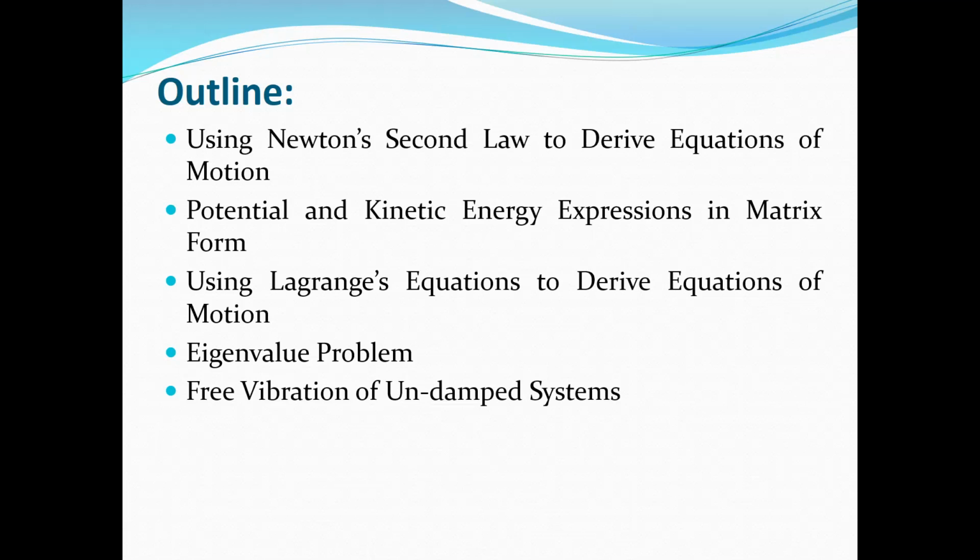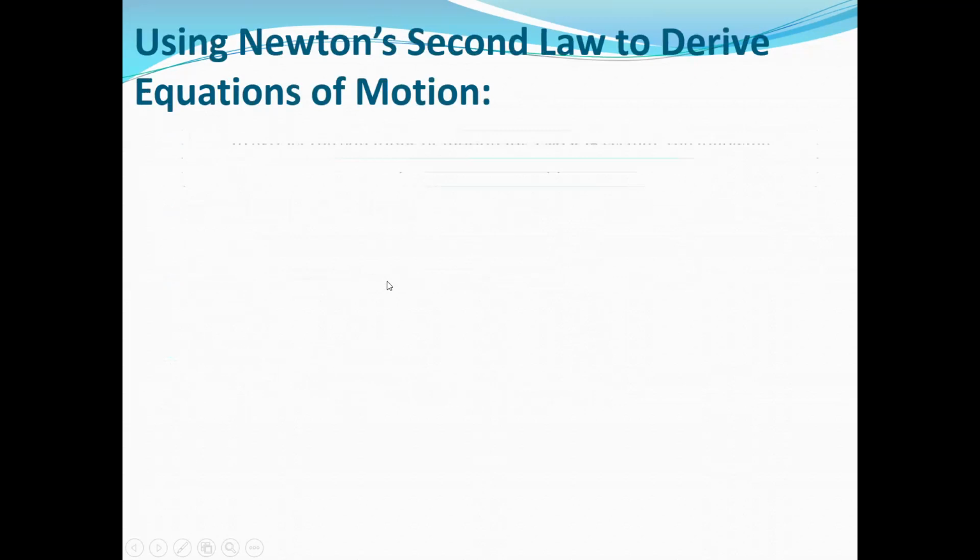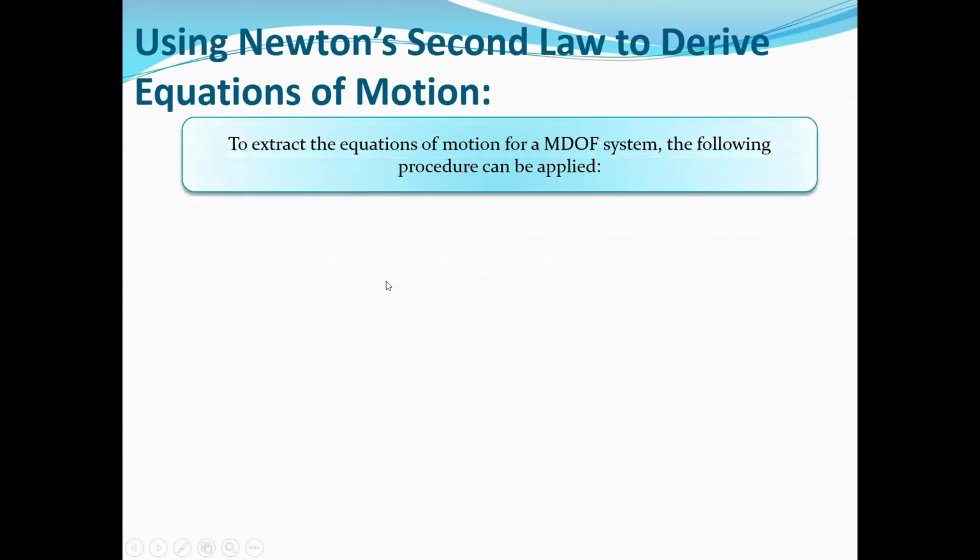I mean, by using the Lagrange equation, you can extract the equation of motion even for an SDOF system from previous chapters. And then we will introduce the eigenvalue problem, and finally the free vibration of undamped multi-degree of freedom systems.